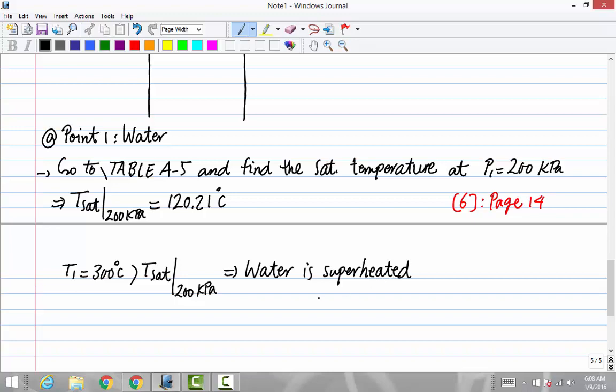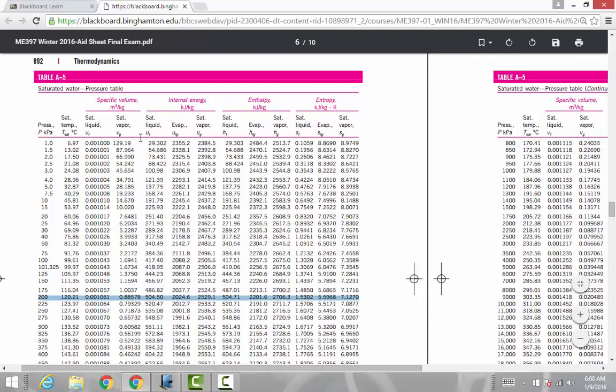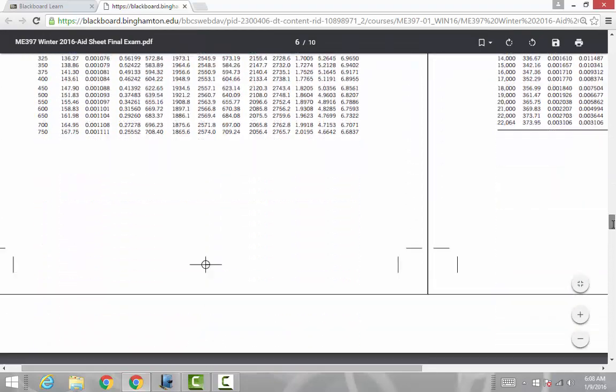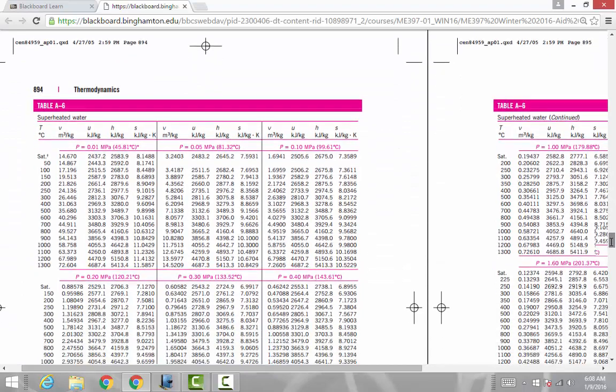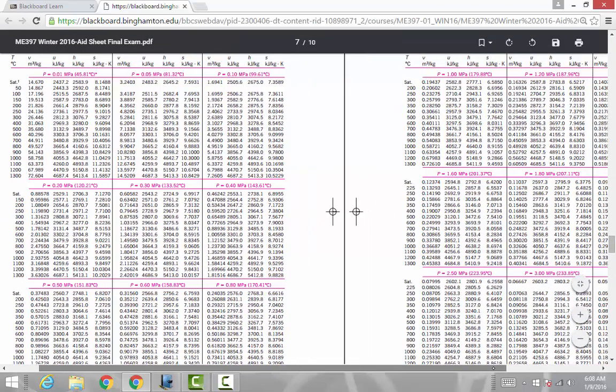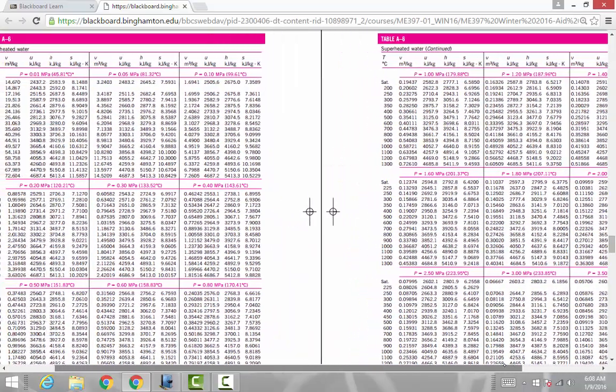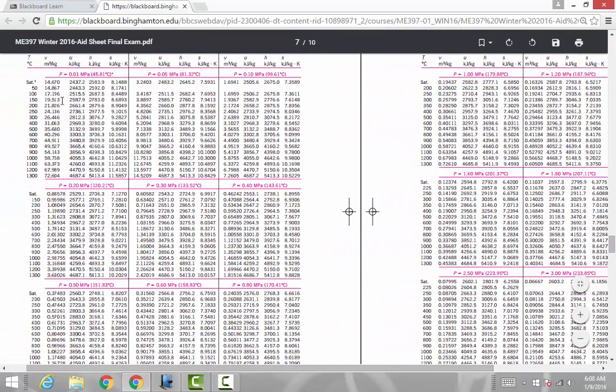Then we need to go to another table, because this is all about the saturated table. So we need to go a little down to A6 here. A6 talks about all the properties of superheated water. You can see at the top, it's about superheated water.